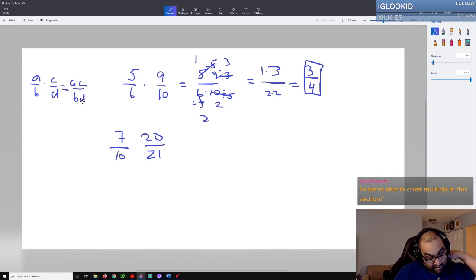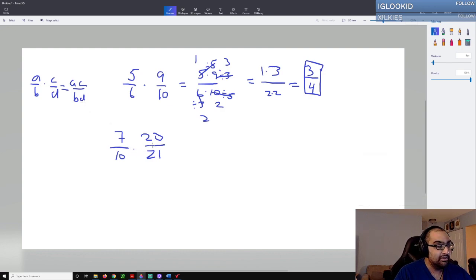So you're multiplying straight across as a general rule, but to make the problems easier, I don't want to have to figure out, like in this problem here, if I multiplied straight across, I would get 140 over 210. And in reality, 140 over 210 is two numbers that are way too large that I really want to be dealing with.